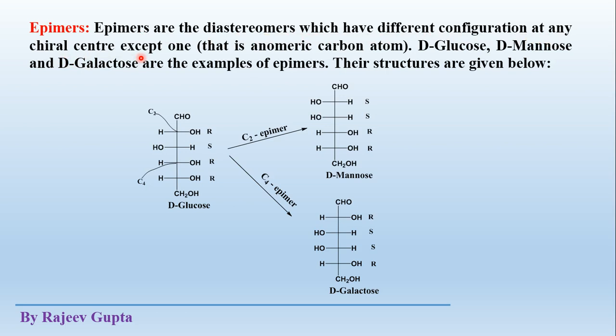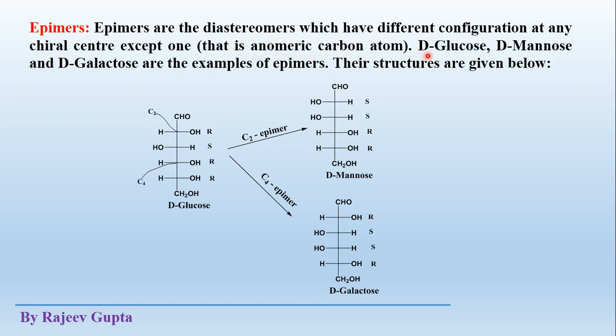Because they contain more than one chiral center, the configuration at any chiral center except one may be different. That one chiral center is the anomeric carbon atom. If the configuration in a stereoisomer is changed at the anomeric carbon atom, then that isomer has an anomeric relation, it is an anomer, which is also a diastereomer.